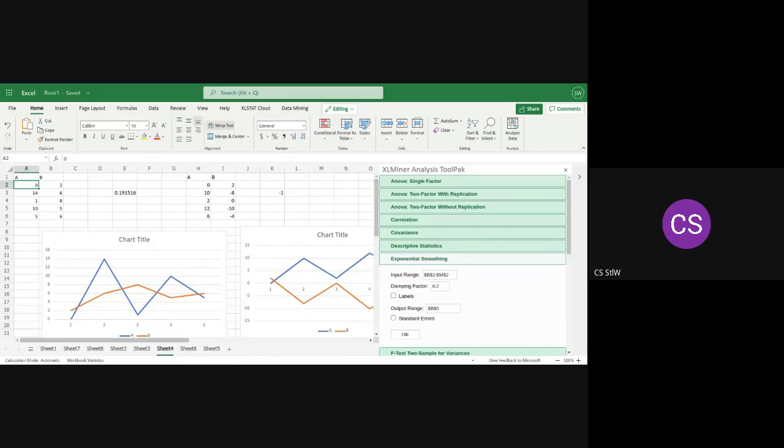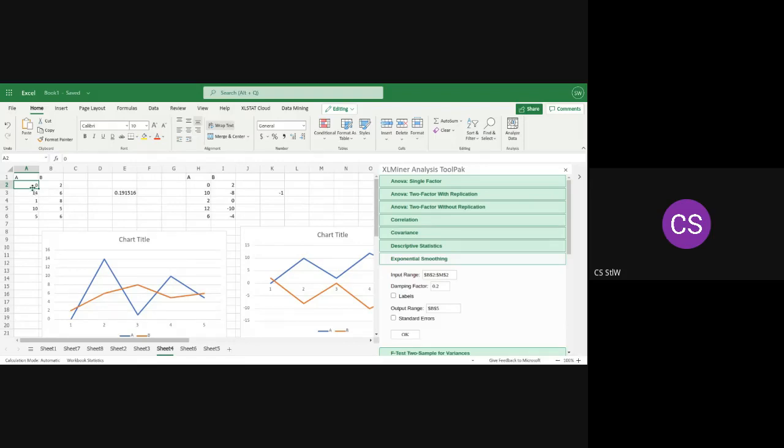While -1 indicates that as x increases, y decreases, and as x decreases, y increases. And if the correlation is near zero, it shows that there is no correlation between those values.